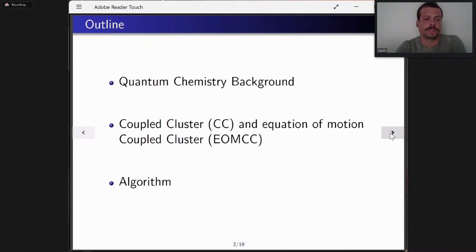I will explain why these equations are important and why we need to generate them automatically. And then I will present the algorithm in an interactive way. I mean, we will change from LaTeX to Mathematica to see how the algorithm works.